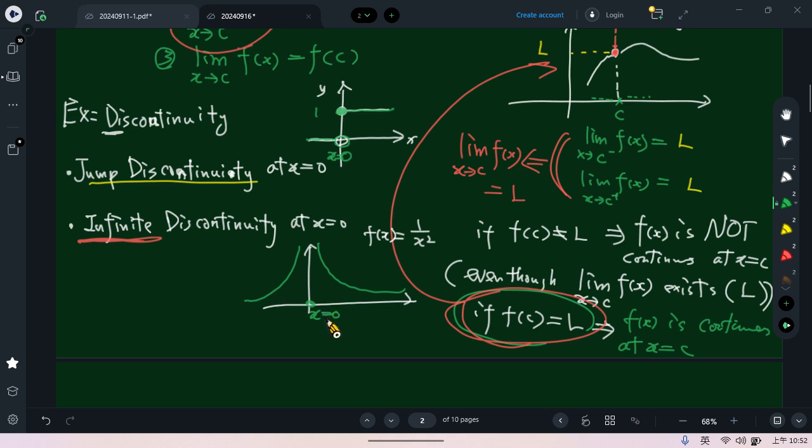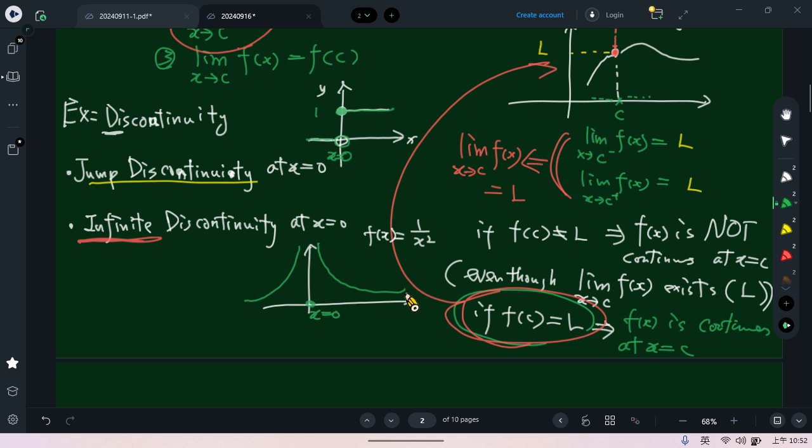However, only when x is equal to 0, we cannot conclude it's continuous. And especially, we will say it's an infinite discontinuity, because when x is approaching 0 minus, it will reach positive infinity.